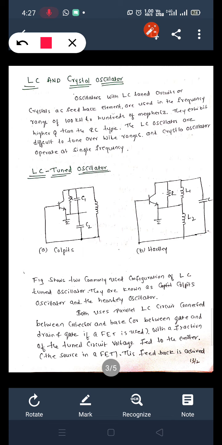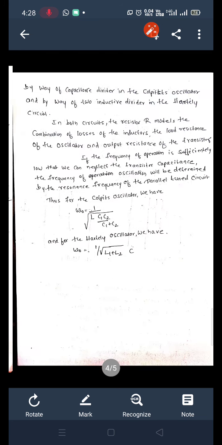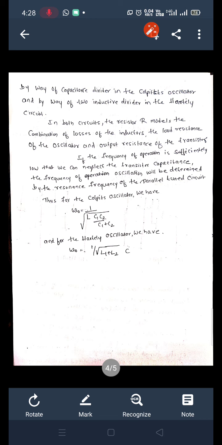In both circuits, the resistor R models the combination of losses of the inductors, the load resistance of the oscillator, and the output resistance of the transistor.